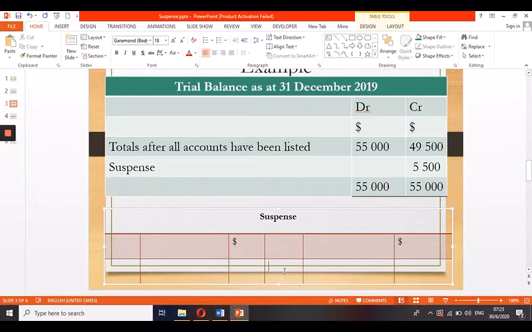So on the credit side, we enter the date 31 December, then the narration, balance as per trial balance, and we enter 5,500. So this is how the suspense account is created when the trial balance totals are not agreed. If the balance had been a debit balance, we should have written it on the debit side.